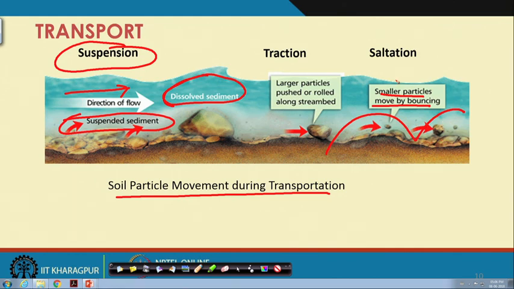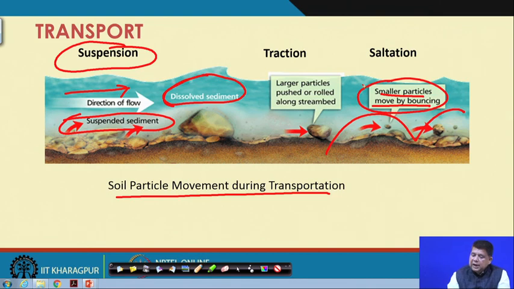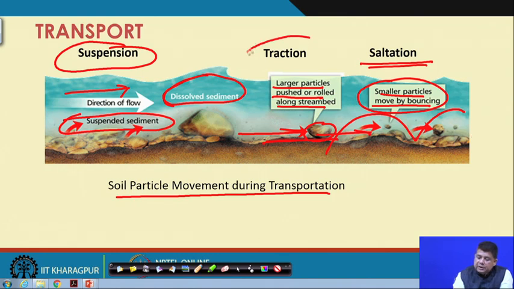That process is referred to as saltation. If it is the larger soil particles, they are basically pushed or rolled along the stream bed. As you can see here, a very large particle is being rolled along the stream bed, and that is referred to as traction, and sometimes also as bed load movement.